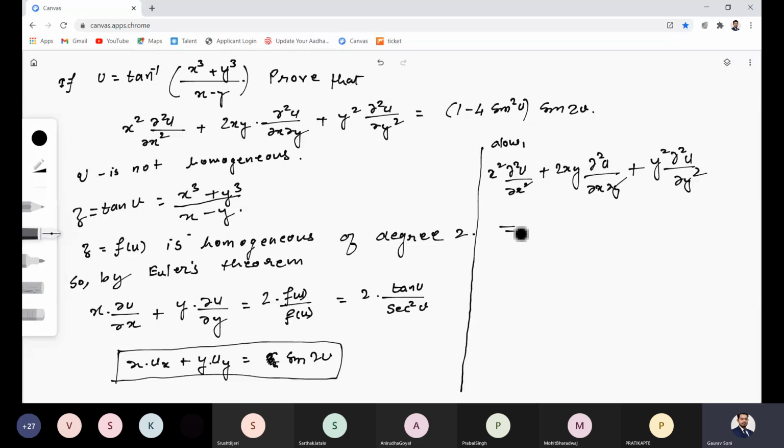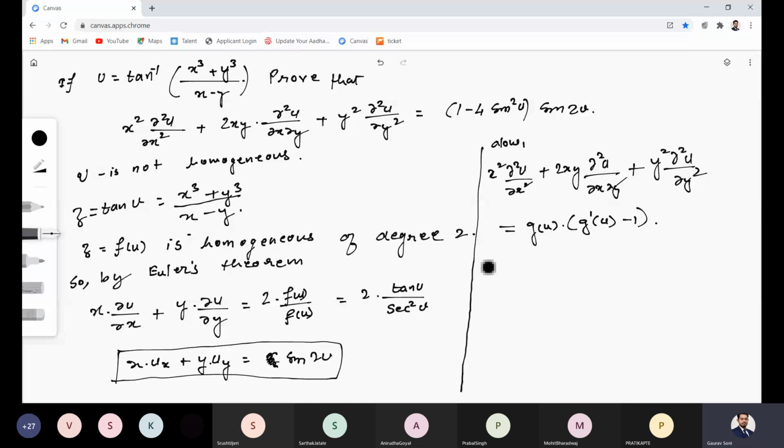What was this given by? This was given by g of u into g dash of u minus 1.